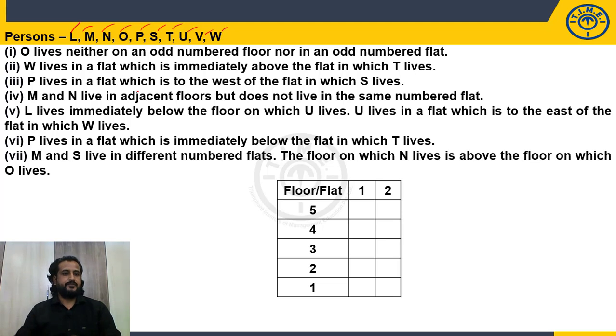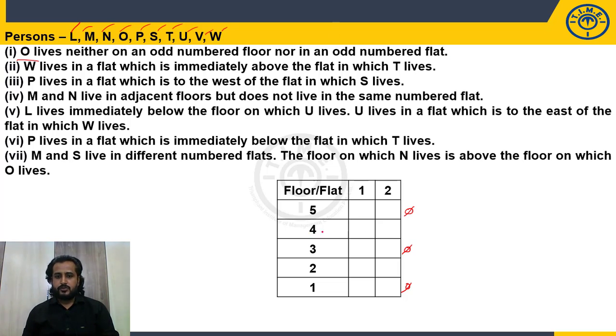Now let us fix. O lives neither on an odd number floor nor in an odd number flat. So where can O not be placed? Odd number floor. So O cannot be here, O cannot be here, and O cannot be here. And also it is mentioned not in an odd number flat.